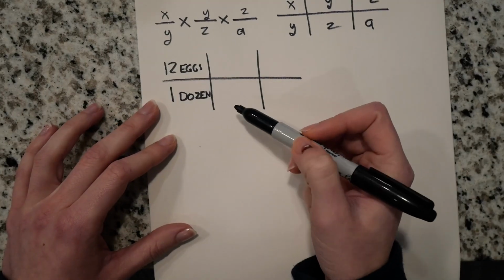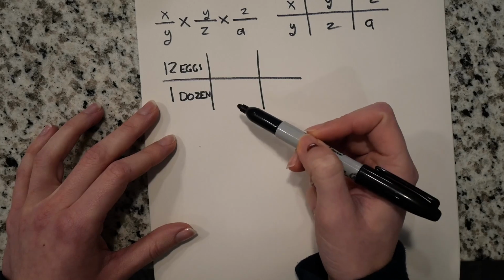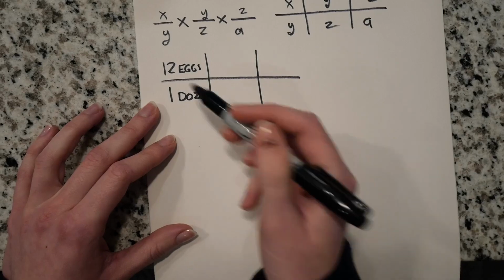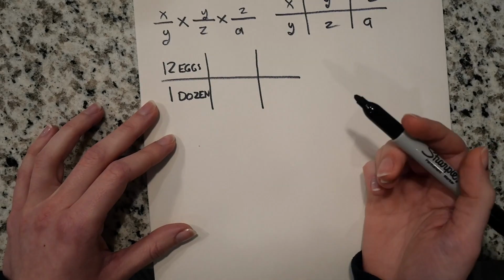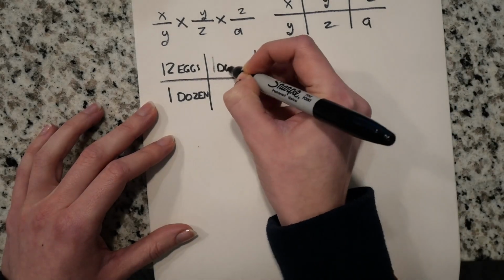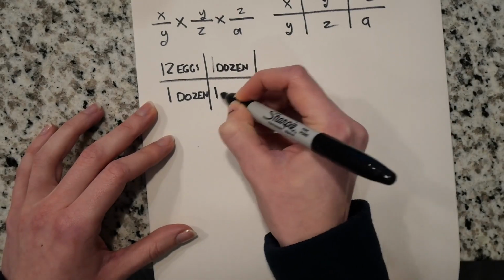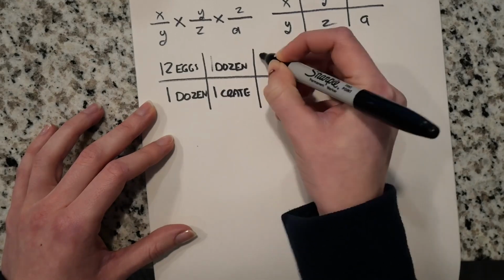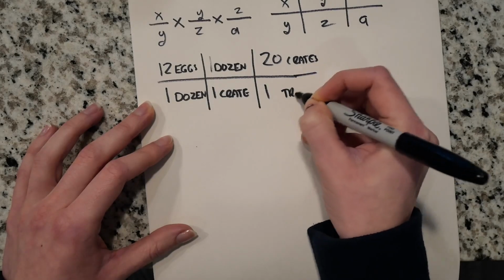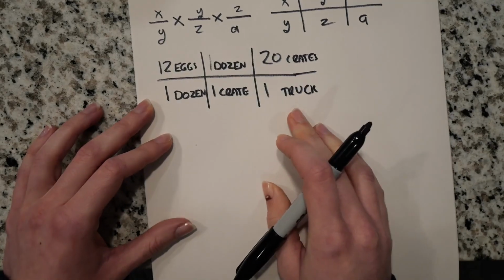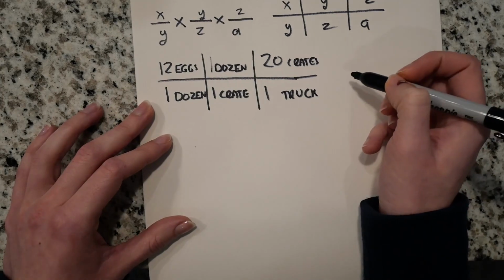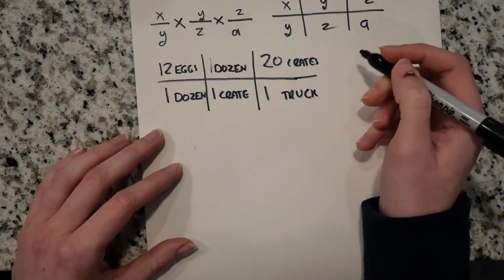If you're doing a conversion that you're not sure about, please look it up, because if your conversion isn't correct, like if you accidentally say 13 eggs per 1 dozen, that could mess up your whole problem. Another example could be 1 dozen eggs per 1 crate, and then we've got 20 crates per 1 truck. These are all true statements, but you can't really look this up. This is something you'd probably be given in your word problem or package directions or something like that.